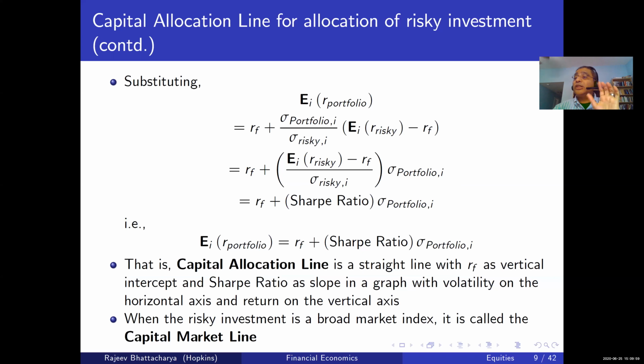That is what we'll call the capital market line. Once again, the vertical intercept does not change. It's the same for the S&P 500 index and risk-free asset portfolio as well. So the vertical intercept is still the risk-free asset. However, the capital market line has the slope given by the Sharpe ratio of the S&P 500 index.